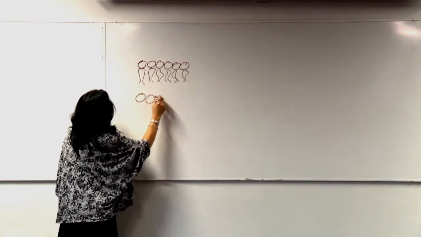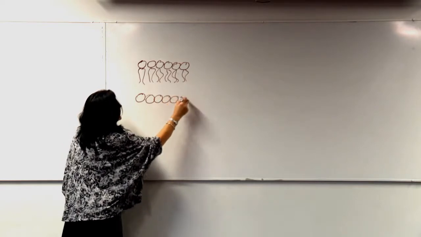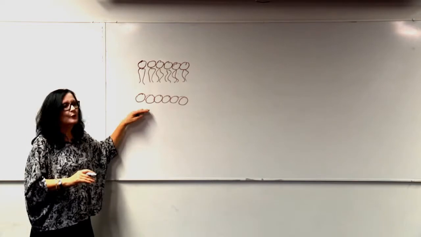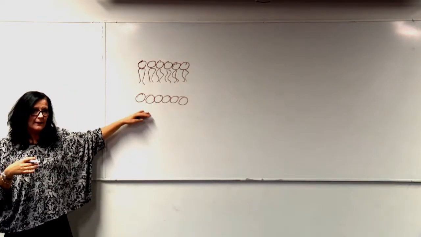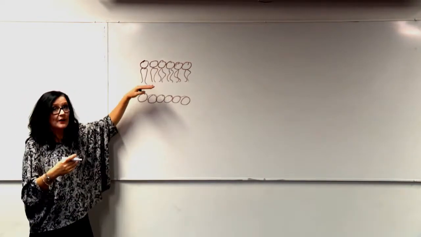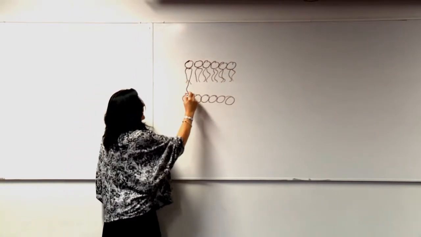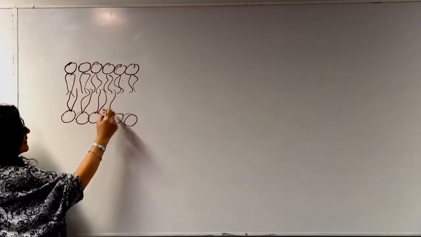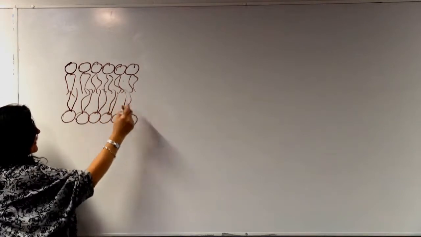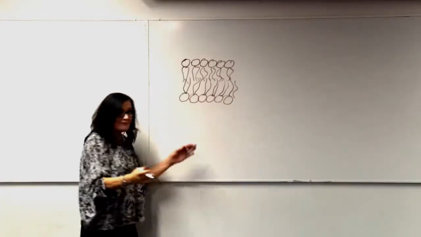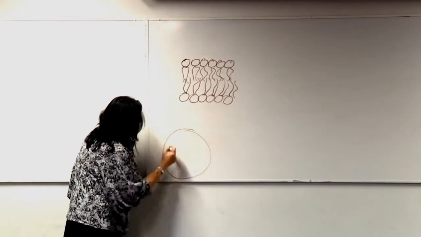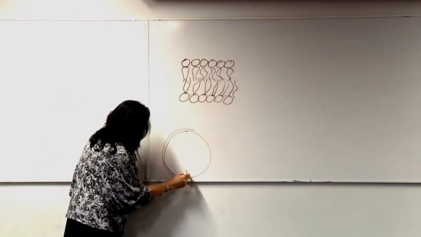The big thing about this is the phosphates are hydrophilic. They like water. The lipid is hydrophobic. It doesn't like water. So cell membranes will tend to form a round shape because they don't want to be in contact with the water.